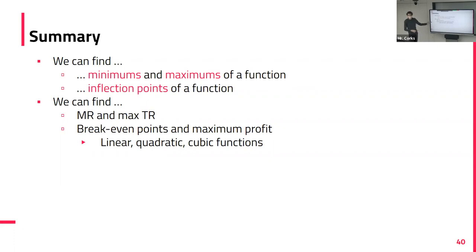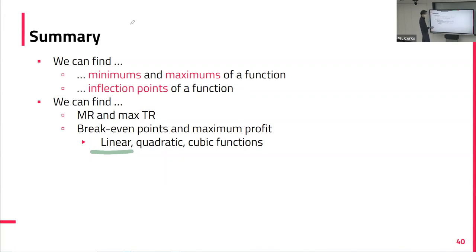And break-even points, we didn't do that today, but we did that in the last class. Break-even points for these more curved functions as well, where we might have multiple break-even points. And maximum profits for all kinds of things. So linear, that was way back before the midterm, and then now quadratic and cubic. So more complex types.